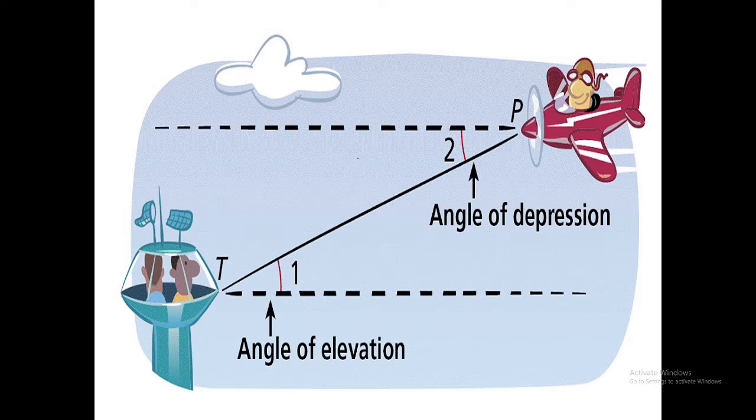So that will be our reference now. For angle of elevation, the line of sight is above the horizontal line. Anyways, if the measure of angle 1 is 40 degrees, the measure of angle 2 is also 40 degrees. They are just the same.